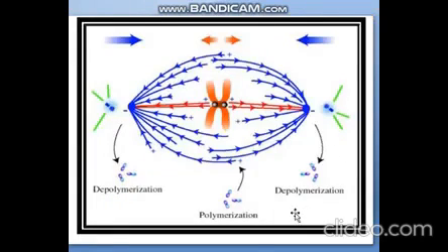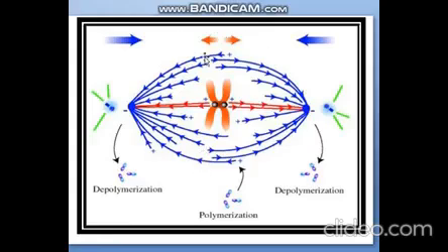Here you can see the depolymerization, the polymerization, and again the depolymerization. These are the tubulin subunits, and at the positive end they keep adding, and at the negative end they keep removing themselves.